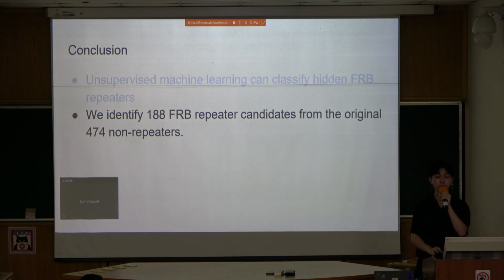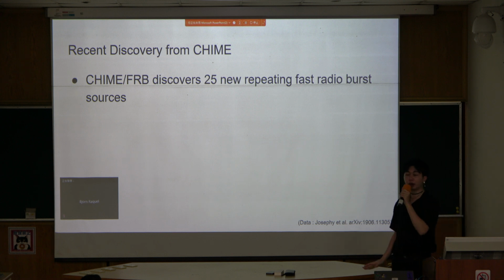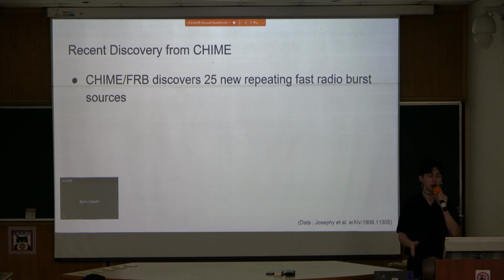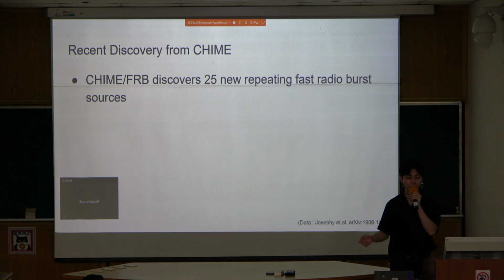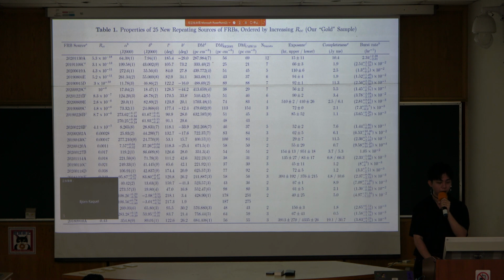So it's 40%. Okay. After this paper was published, recently, the CHIME FRB team has released another new catalog about repeating fast radio bursts. There are in total 25. Among their new FRBs, there are only 2 that overlap with our previous catalog.